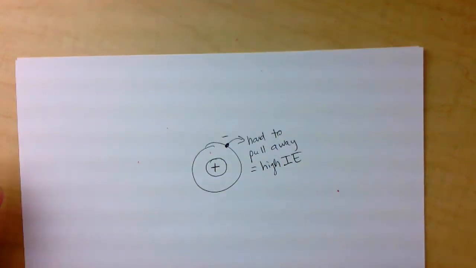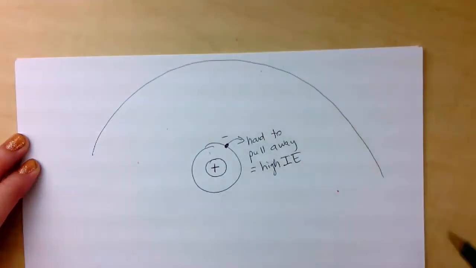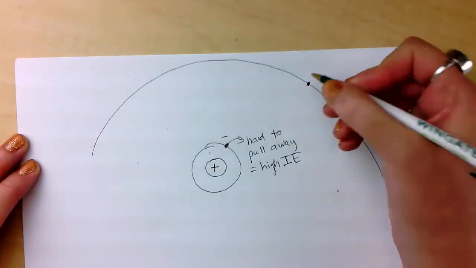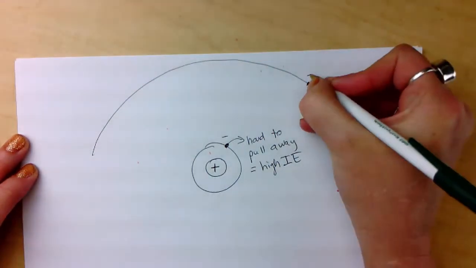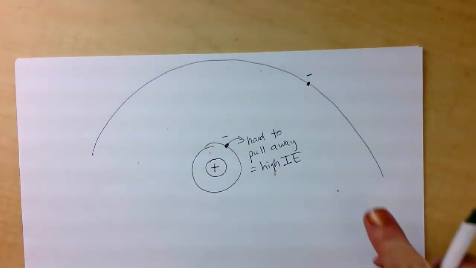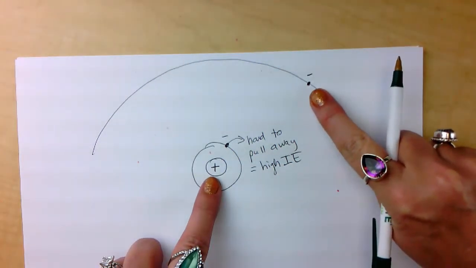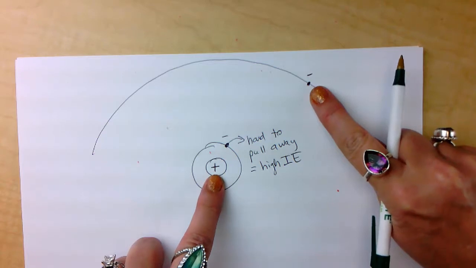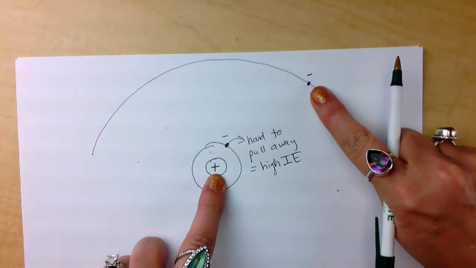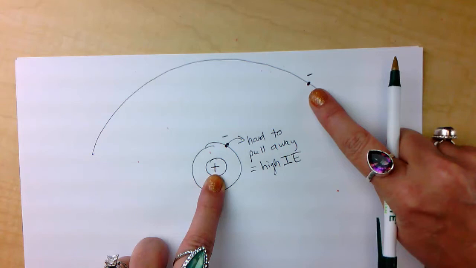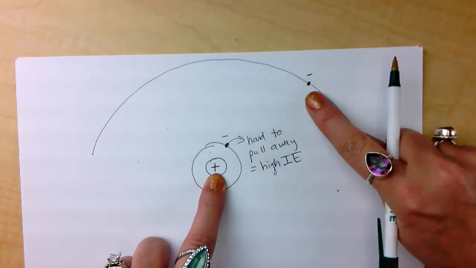Now, what about a big fat atom? And the outer electron's way out here. And it's negatively charged. But it's a lot farther away from the nucleus. How tight is that electron held? Well, it's kind of far away from the nucleus. You know, maybe this is the 5th or the 6th level.